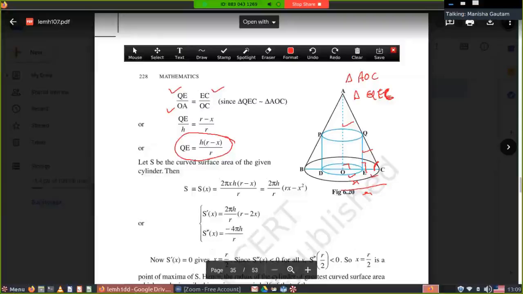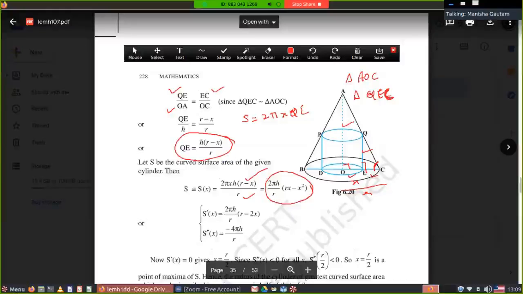Here you can calculate QE. Now, what I have told you, the surface area will be equal to 2 pi X into QE. The value of QE is H into R minus X upon R. Put the value of this. You are getting one equation, which is now in one variable, that is X. R and H are constants, because the cone is the figure which is constant.